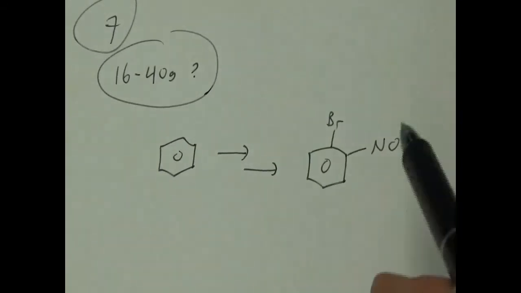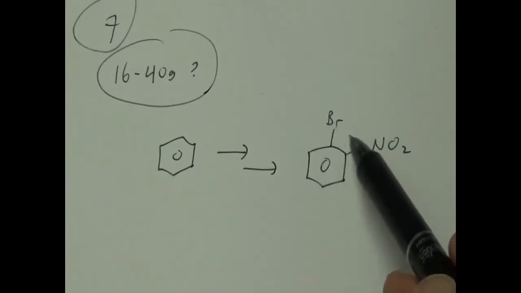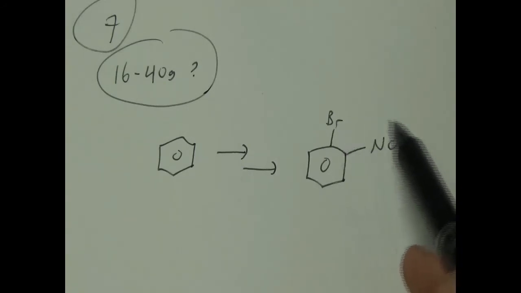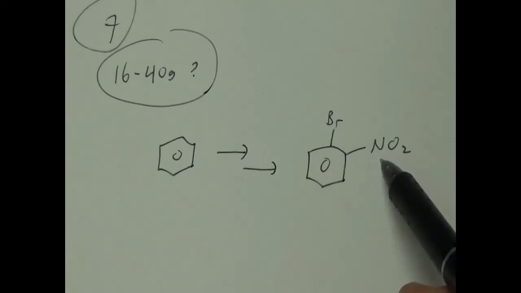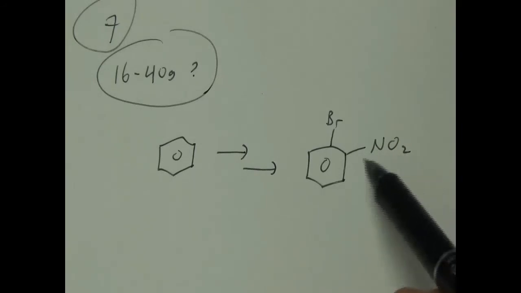Okay. The other question is, which thing do we want to install first? A bromine is a what kind of director? A bromine is an ortho-para director, right? Nitro is a meta director. So if we install nitro, we're actually going to have problems, I think, because even though we can convert this to an ortho-para director, it's a bunch of steps, it's extra work.